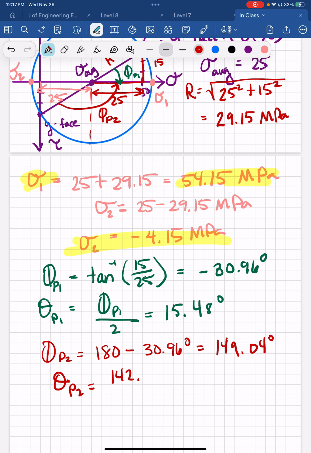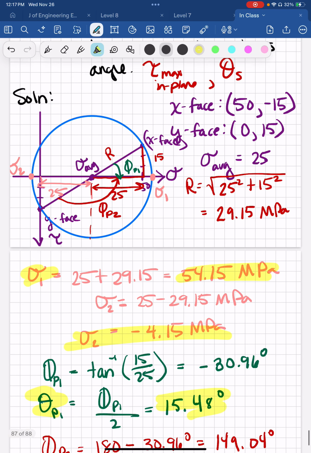So divide it by 2. Gives us 74.52 degrees. So we have all those that we needed, this and this. So that was the first part of the problem.